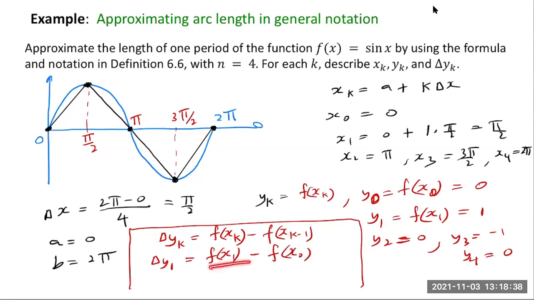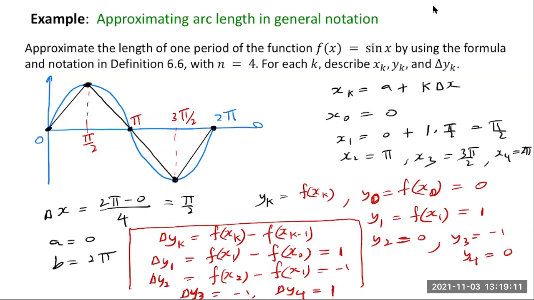And of course, you can calculate this. You will get 1. Similarly, delta y2 is going to be f of x2 minus f of x1, which is minus 1. Similarly, delta y3 is going to be minus 1. Delta y4 is going to be plus 1.